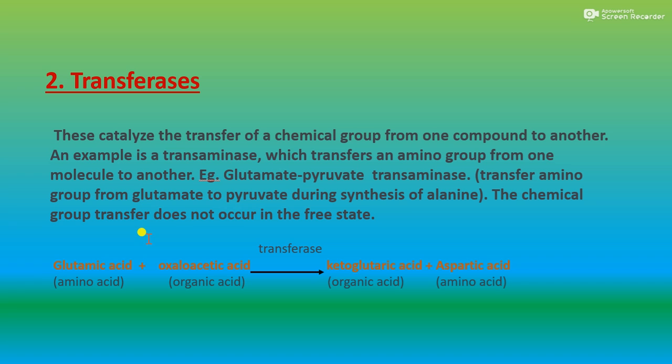The chemical group transfer does not occur in a free state. Here the transferase catalyzes the transfer of a chemical group from one compound, glutamic acid, to oxaloacetic acid, forming alpha-ketoglutaric acid and aspartic acid.